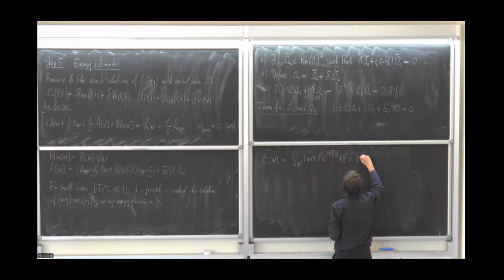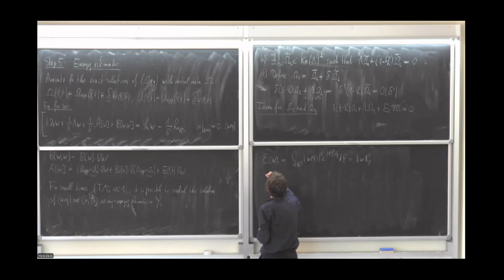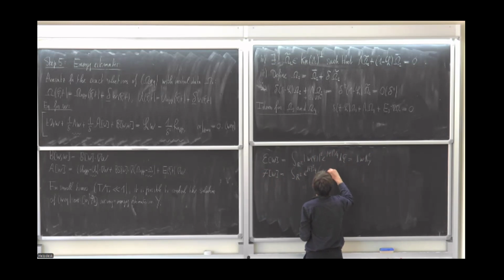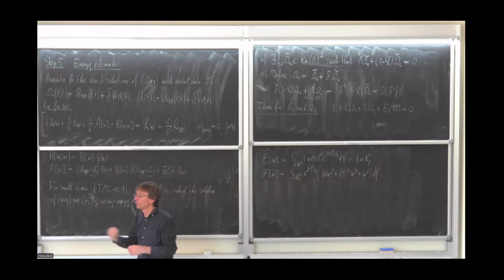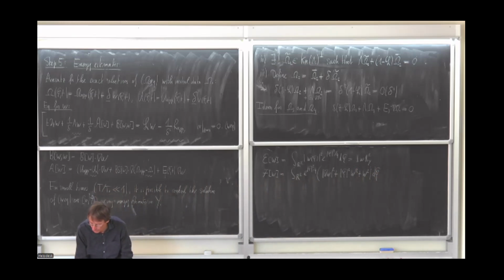By the way, it's just the norm of W in Y. And the H1 version of this, which I will call F of W, which I will need, is the integral over R2 of e to the psi squared over 4 times gradient of W squared plus psi squared times W squared plus W squared. Basically, this is what will be produced by the linear diffusive part when you make the energy estimates, and which will help us control the various terms.